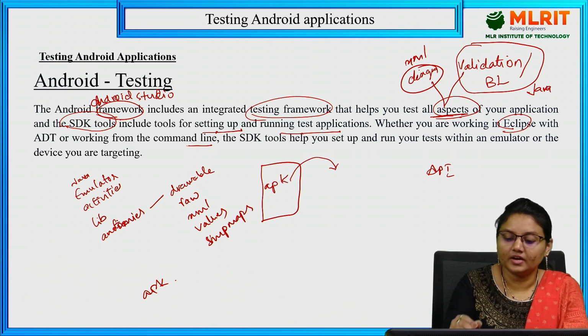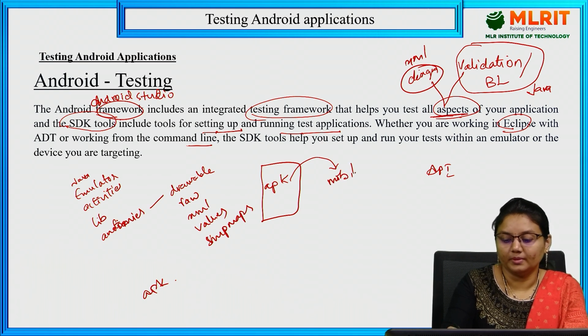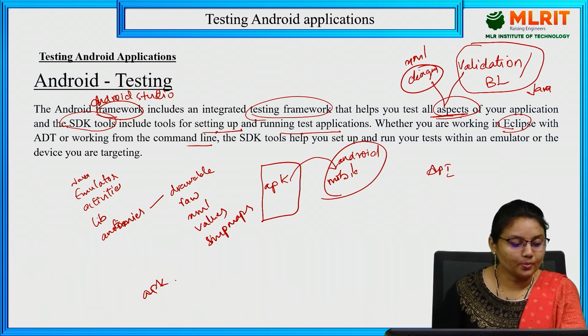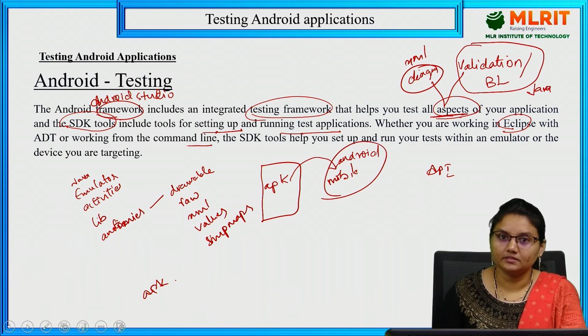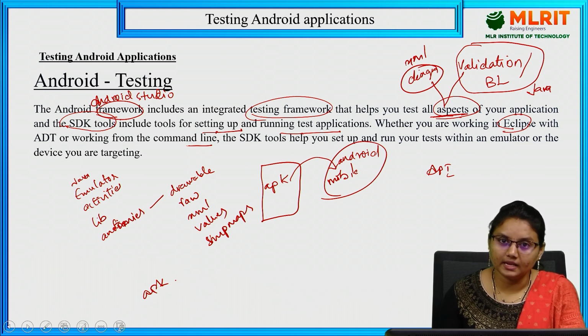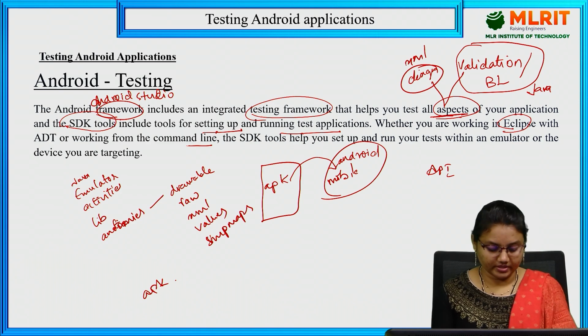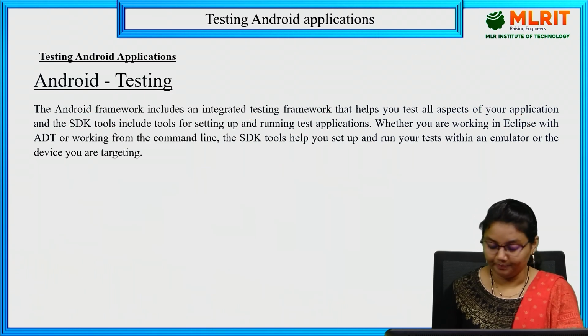This APK file will be dumped in your Android mobile phone, so you can run your application on your mobile phone also. When you are using target devices, your SDK tools are compatible and help you to run the test cases. So, this is what Android testing is about, the Android framework.